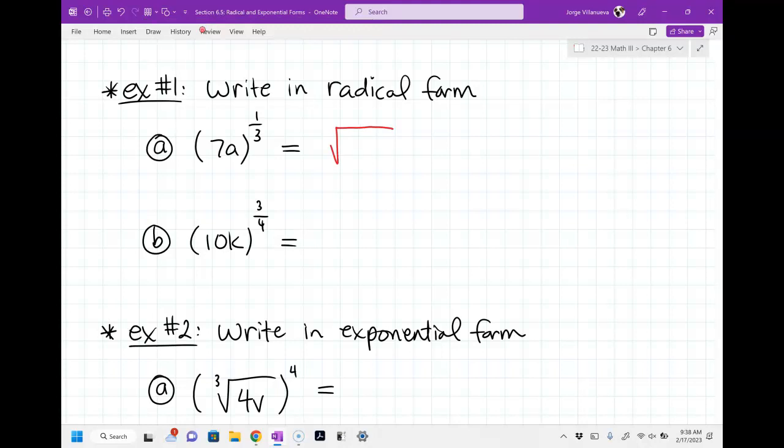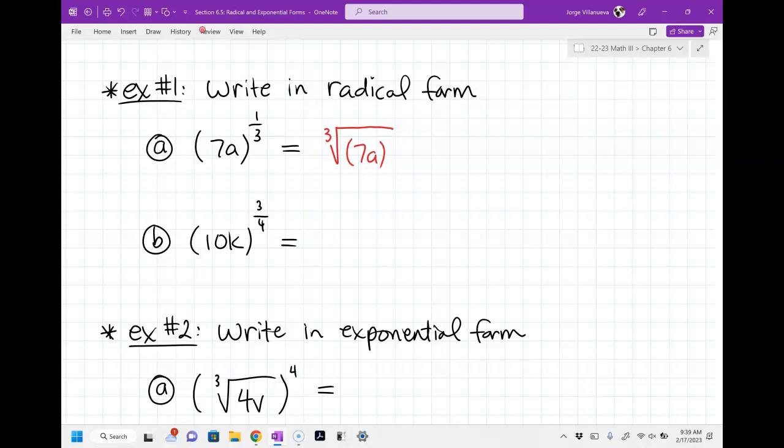Inside of the radical, I'm going to put 7a. And then I need to figure out the index. What's the index on this radical? The 3. And the outside power is a 1.